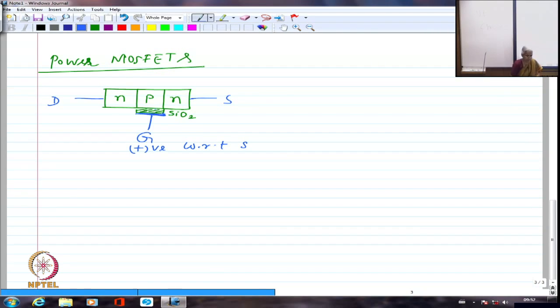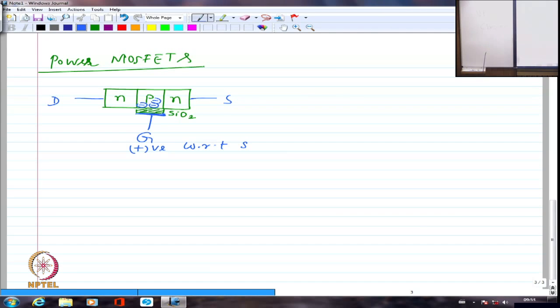On one side you have a metallic plate where you have applied a positive voltage, and on the other side there is a semiconductor. So you are going to see that there is going to be a lot of negative charge accumulation here. Right? Because of the positive voltage which we have applied on the other side, there will be negative charge accumulation on the semiconductor side. And more the voltage I apply here, more is going to be the negative charge accumulation on the other side.